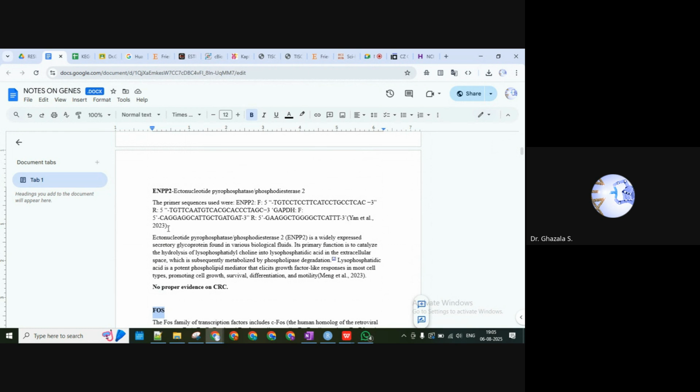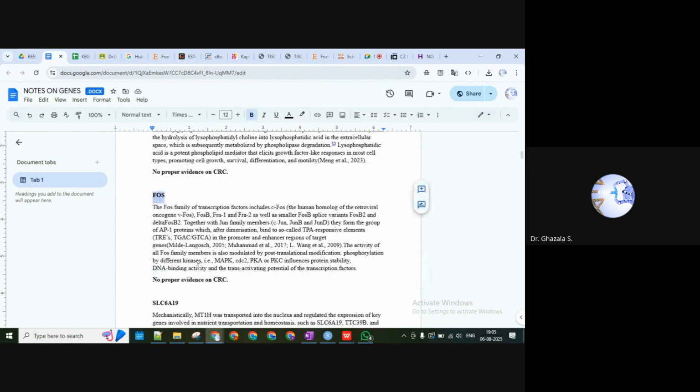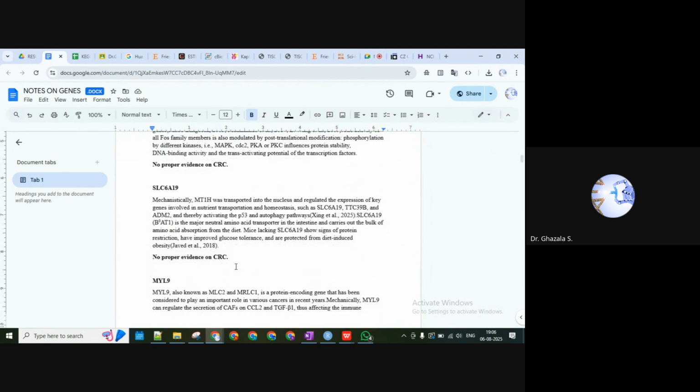That will help you conclude something about the new genes, because no theoretical information is given on their biological activities in colorectal cancer. So we will correlate them based on other types of cancer, so that we can mention that similar activities are expected or estimated in colorectal cancer as well. So they could be involved in the progression of colorectal cancer.